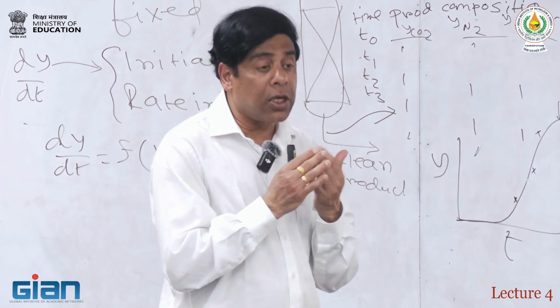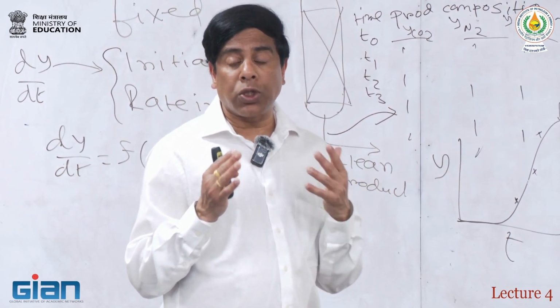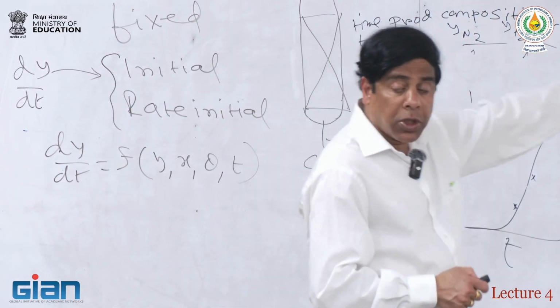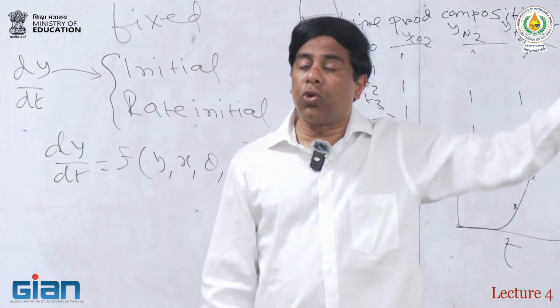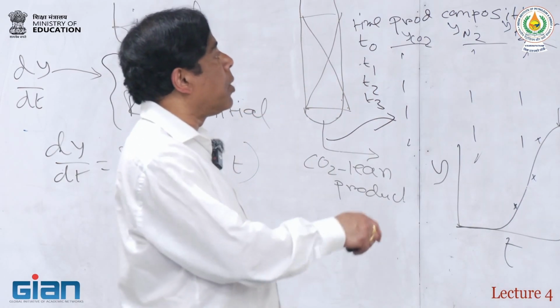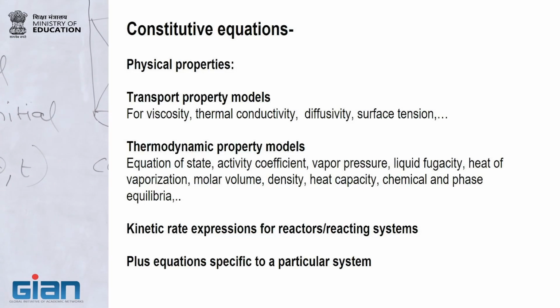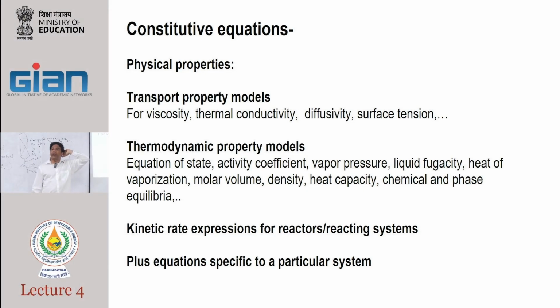Is it essentially only molecular transport, or is it going through some other spaces? We'll be also discussing some of this kinetics here in more detail, so I do not want to spend more time here. But the point here is these physical properties models, what type of equations do we write for these? These are differential models, these are algebraic models, or what is it?